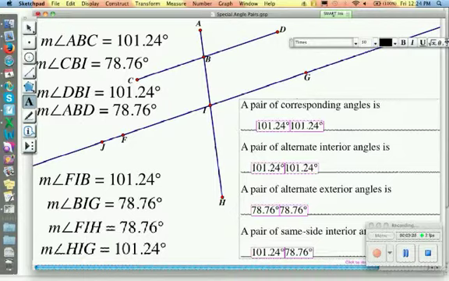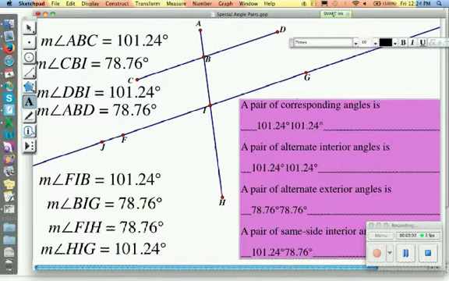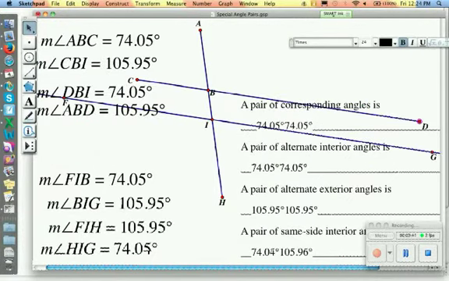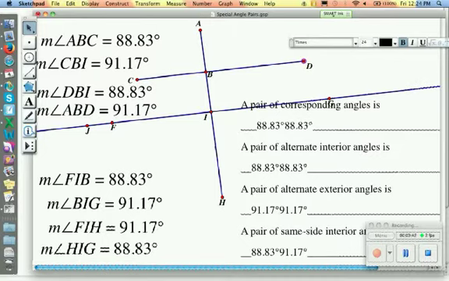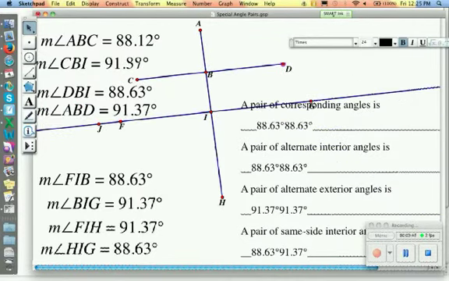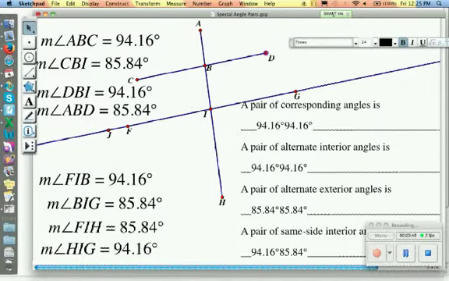Let's test that out. Did I kind of trick you and make this happen? Or is it always like this? Notice the angle measures are changing. Okay, that's really fun. But what do you notice about the corresponding angles?